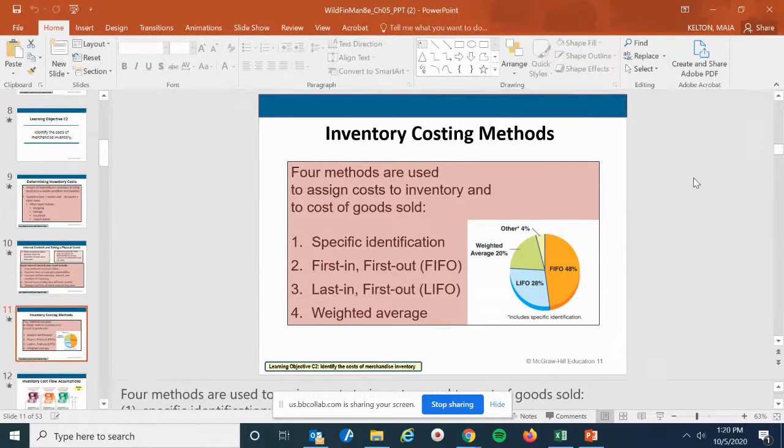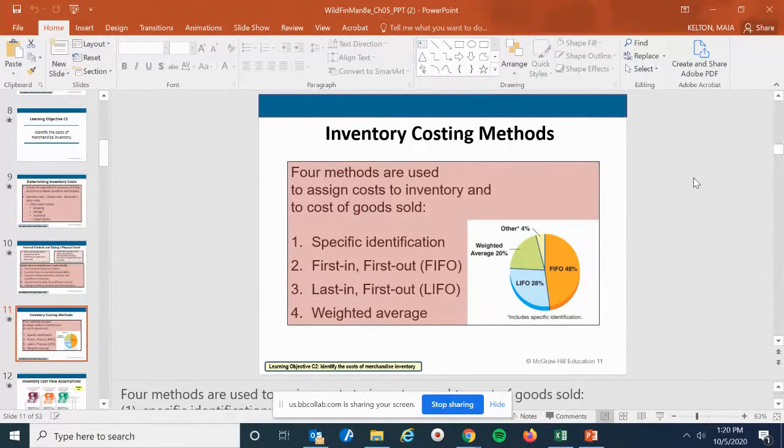Well, that's not true when it comes to large retailers. So from an accounting perspective, they had to come up with some assumptions or some costing methods to determine what inventory is and what cost of goods sold is.